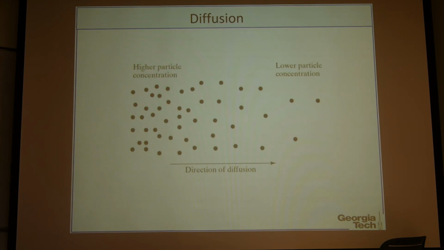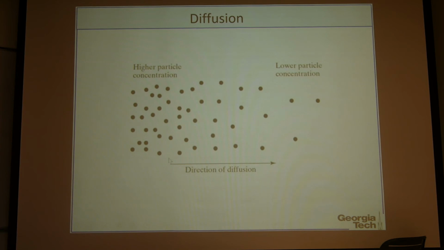So what does this mean? That means in the semiconductor, if your carrier concentration is non-uniform, so for example, here on the left-hand side you have a higher electron or hole concentration, and on the right-hand side you have a lower electron or hole concentration, then you will have this kind of diffusion.